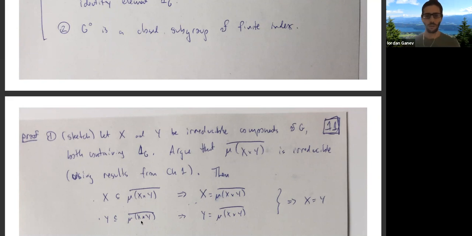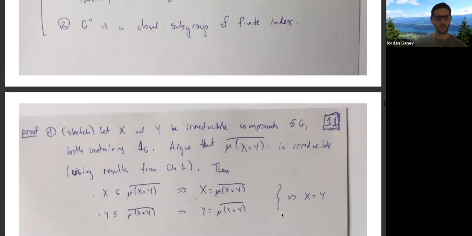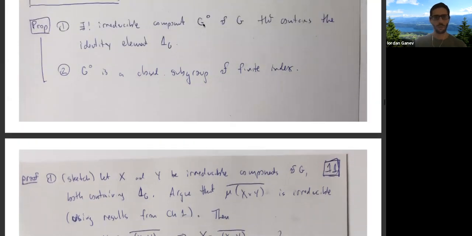That's all that's happening there. And since these are both contained, and by hypothesis X is irreducible, we have an equality here. Same thing with Y. We conclude that X must be equal to Y. Okay, so that's the argument for the first part of the proof, that there's a unique irreducible component.